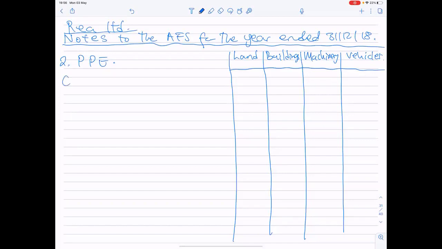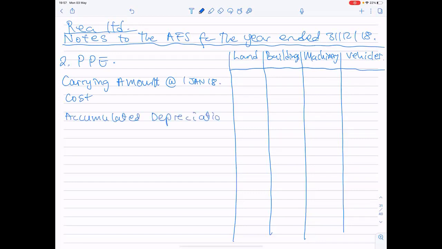So you write carrying amount at the beginning of the year, or you can write the carrying amount at 1 January 2018, constituting of the cost and its accumulated depreciation. Right, during the year, what was there during the year, good people?